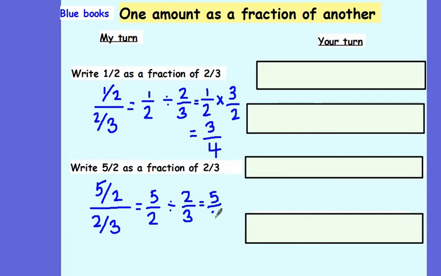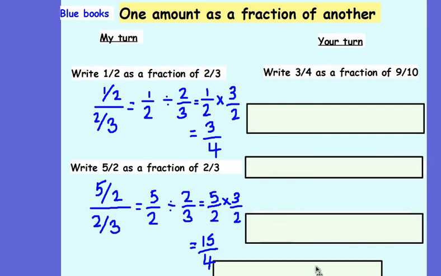Keep the first fraction. Flip the second fraction. Change the sign. 5 times 3 gives me 15 on the top and 4 on the bottom. So we say that 5/2 is 15/4 of 2/3. Over to you, Year 7, in your dark blue books.